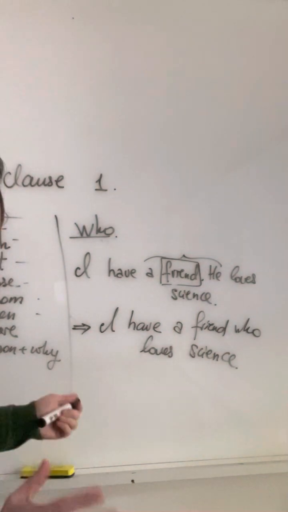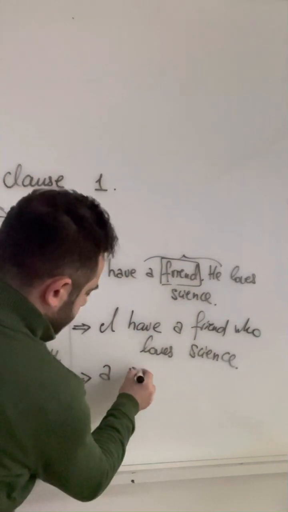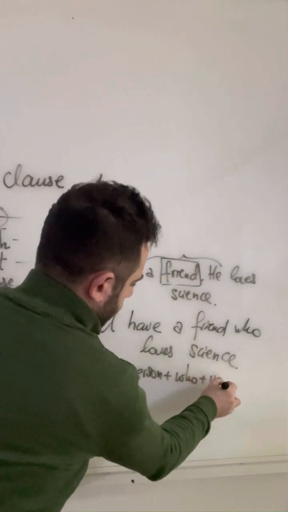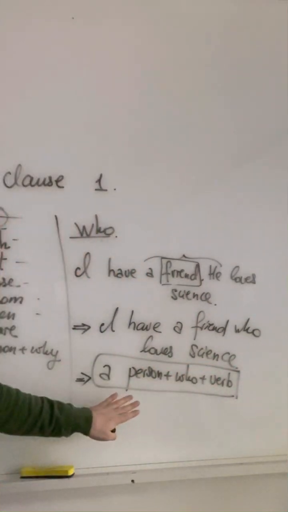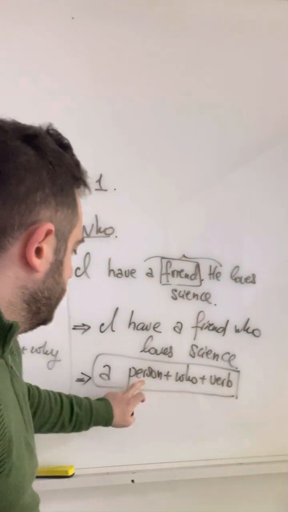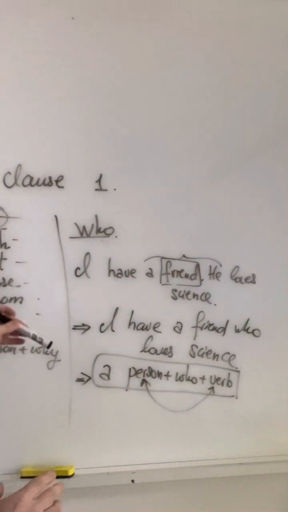Okay, and the general structure, I would say, is person plus who plus verb. This is the structure of who. The verb, I mean the main verb, the predicate. So this is about who.